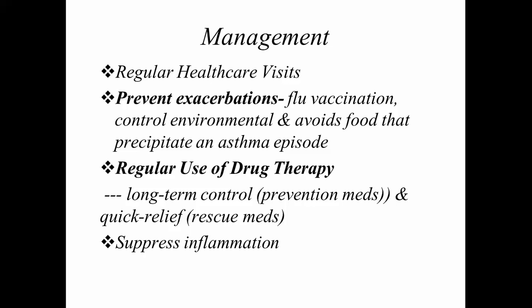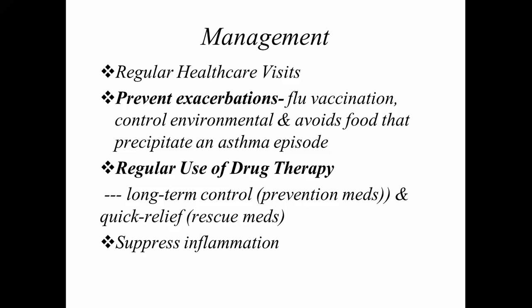And you want the child to effectively manage their asthma by being able to recognize acute episodes. You want them to be able to prevent their exacerbations and know when to administer their quick relief medications. You also want them to be able to identify and eliminate any airborne allergens or irritants from their environment and avoid foods that may precipitate their asthma episode.